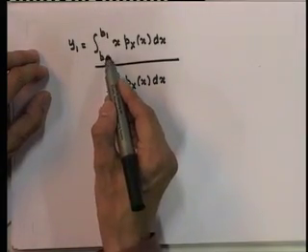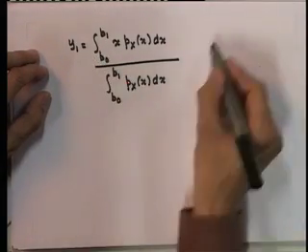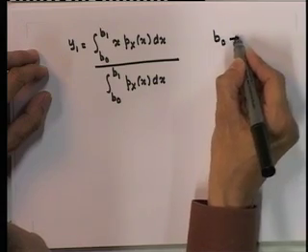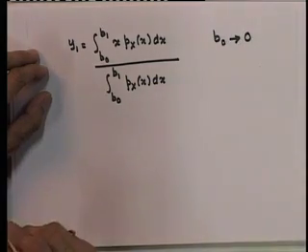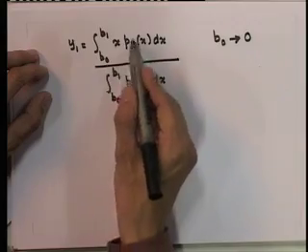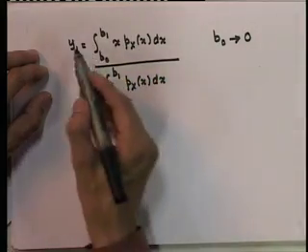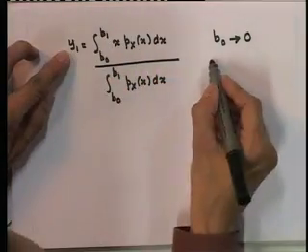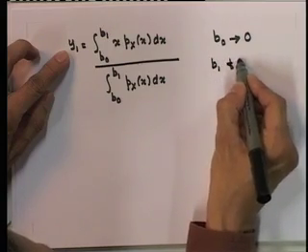As b0 is known to be 0, we have two unknowns in this equation, b1 and y1.